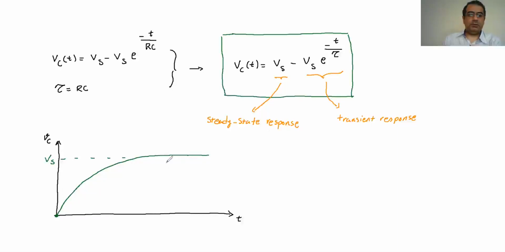So that's how it's going to change. This part until it reaches that steady state condition is the transient part, and then that part is going to be its steady state condition.